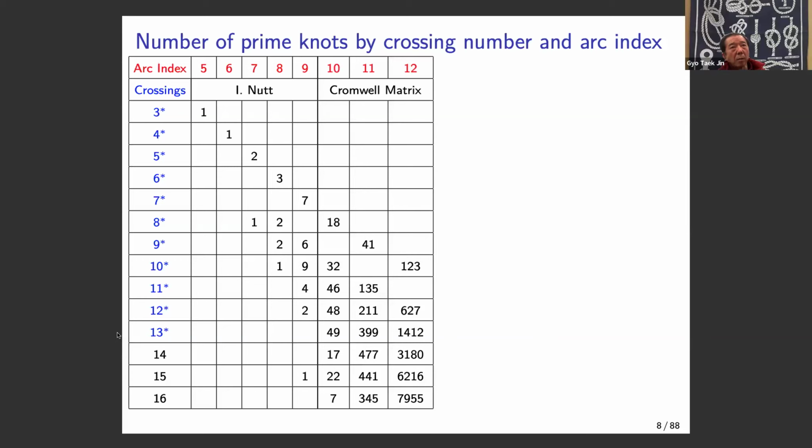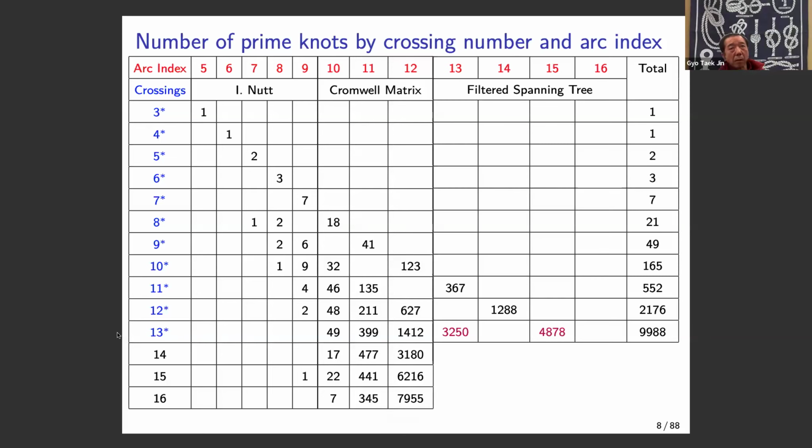And for index 10, 11, and 12, with many others, I found the minimal grid diagrams and arc index of these many prime knots.